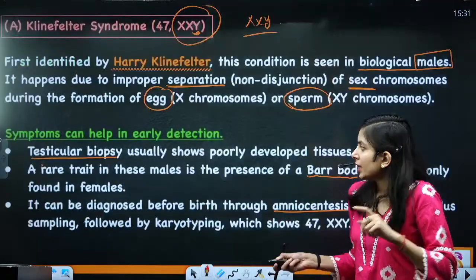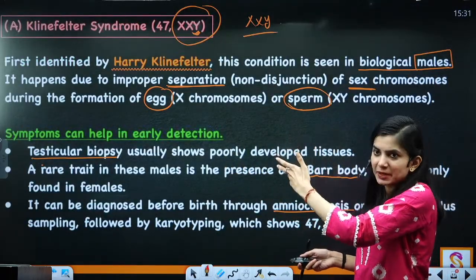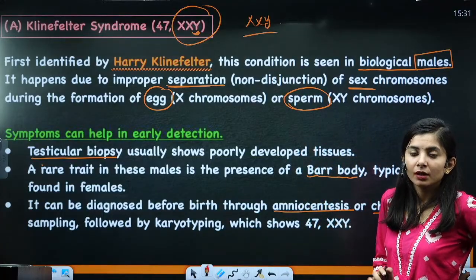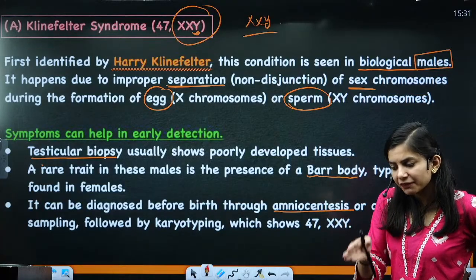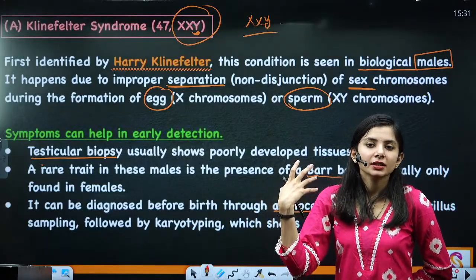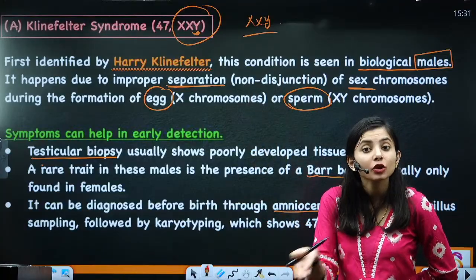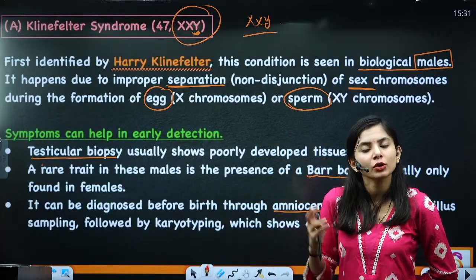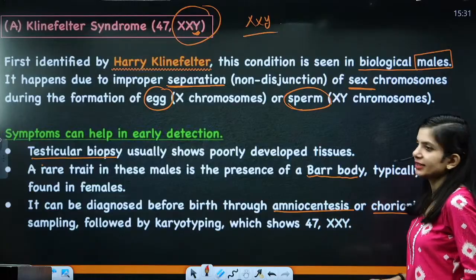Now, there were some symptoms. The symptoms specify that if you want to diagnose before birth whether a child is affected with some sort of syndrome, or whether the chromosomes are in the normal form, this could be determined with the help of amniocentesis.